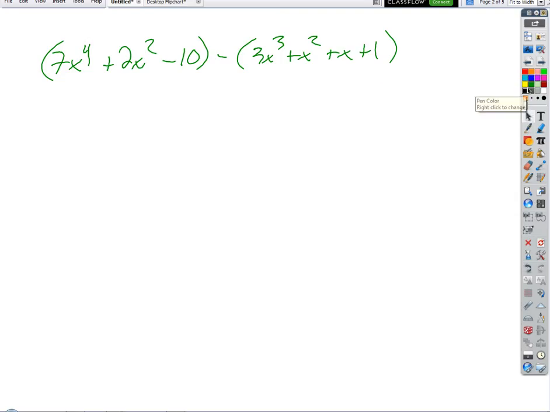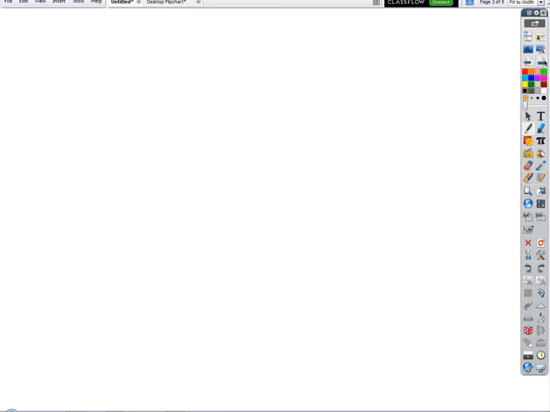Multiplying polynomials, you also know how to do, but I do want to show you maybe two different approaches to multiplying polynomials. What if we want to, for example, let's just say we want to multiply, what if I want to do that?